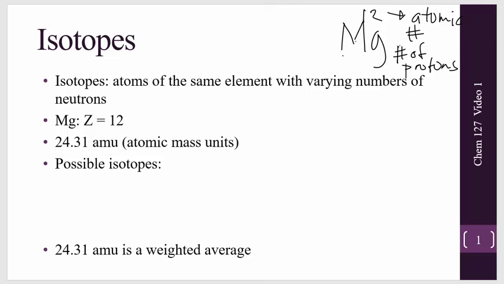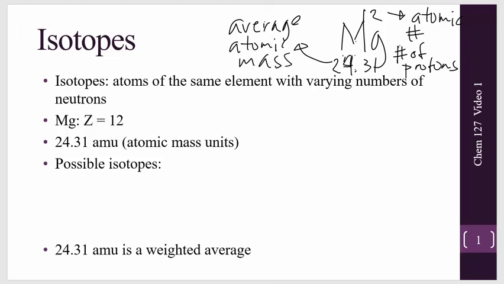The other number associated with magnesium on the periodic table is 24.31. This is a value called the average atomic mass, and it's in a unit called AMU, atomic mass units. I picked magnesium because its average atomic mass is actually not a whole number.